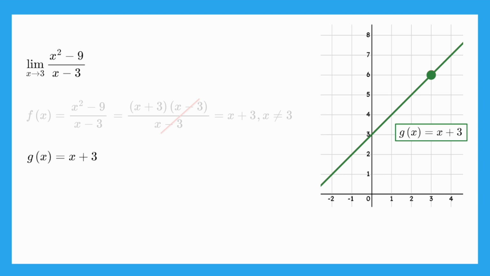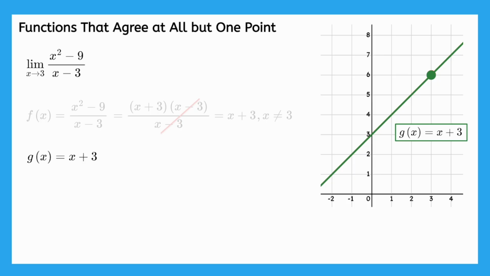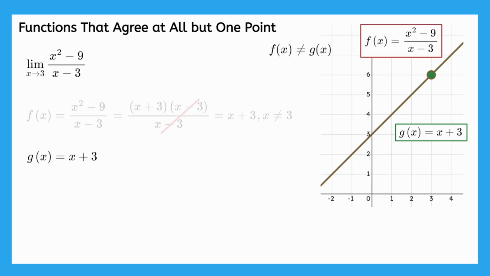This is an example of functions that agree at all but one point. F and g are not the same function because f has a hole at x equals 3 and g does not, but their limits as x approaches 3 are equal. Why? Because the limit does not care what happens at x equals 3, just what happens as we approach it.